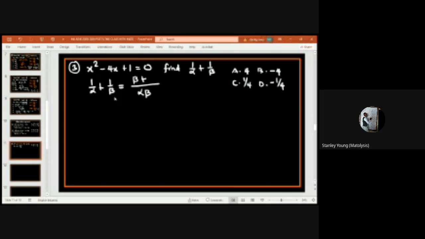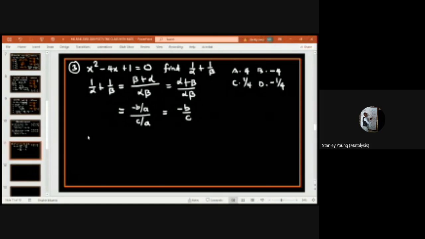Then plus, beta in alpha beta is alpha, alpha times 1 gives you alpha. So this gives you alpha plus beta divided by alpha beta. And what's alpha plus beta itself? That's minus B over A, divided by alpha beta, which is C over A. The 1 over A expression cancels out. We have minus B over C.